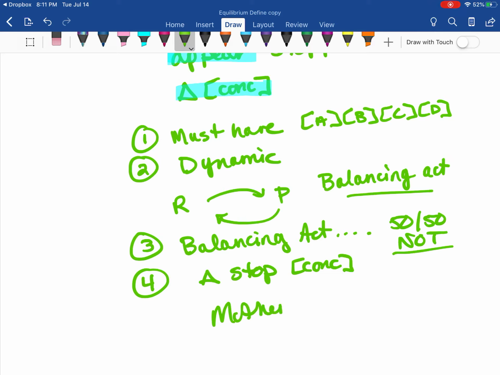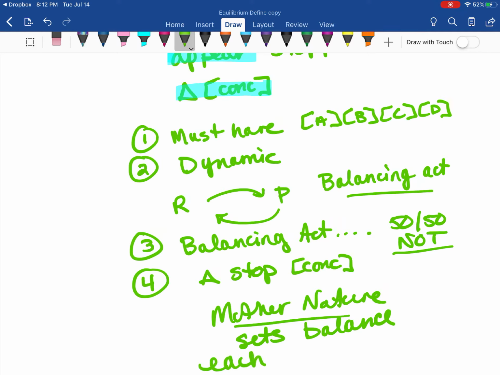And that balancing act is literally set up by Mother Nature, and each reaction is different. Oh, don't you love to hear that? That's why this is a whole unit, and it's not just one example. So Mother Nature ultimately sets that balance. And each reaction is different.